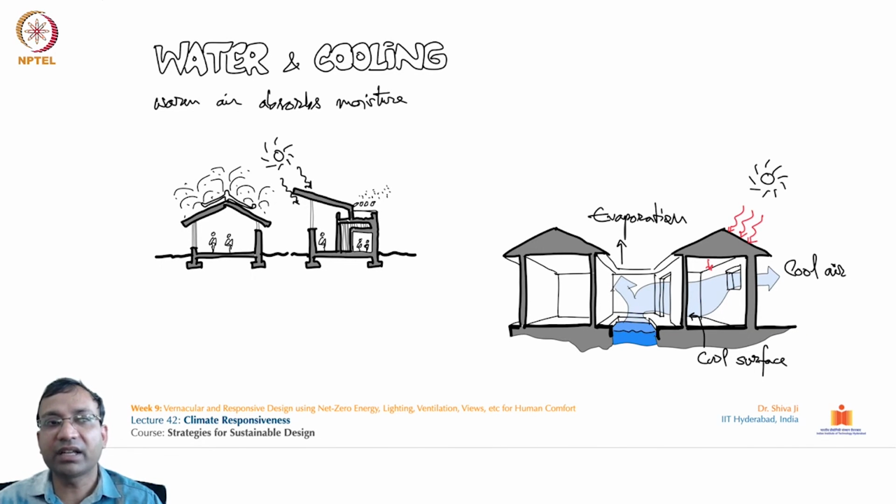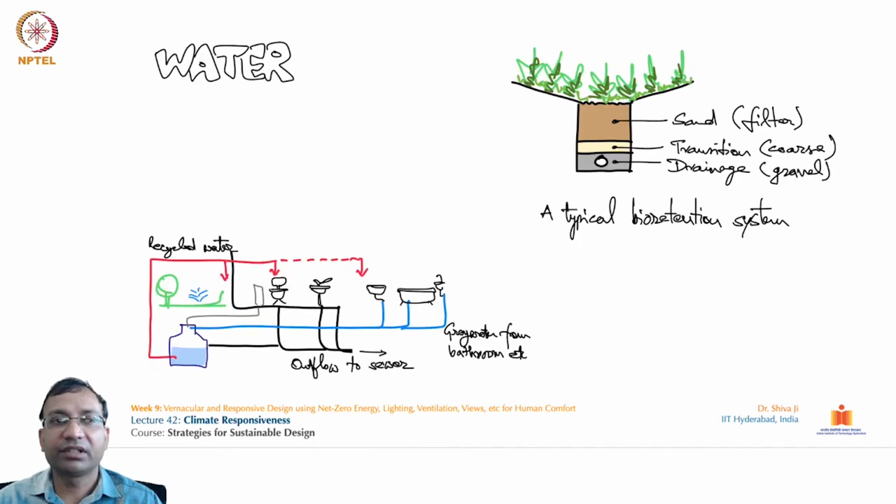So these techniques are utilized in a number of places in the world, and they have achieved maximized efficiency just by using natural means. So this is where this climate responsiveness philosophy and strategy comes to the rescue. Even water, how water columns, water walls, and other such things can be utilized.